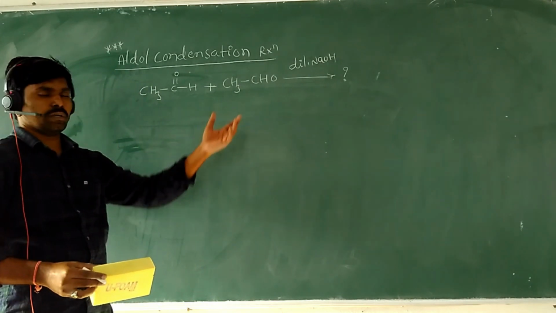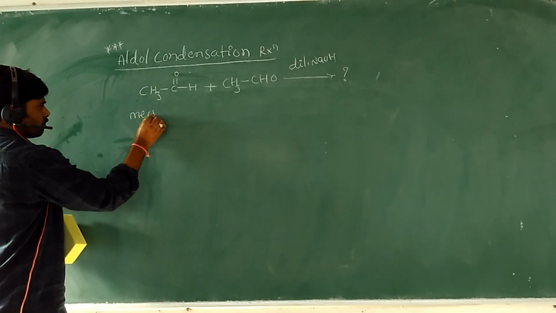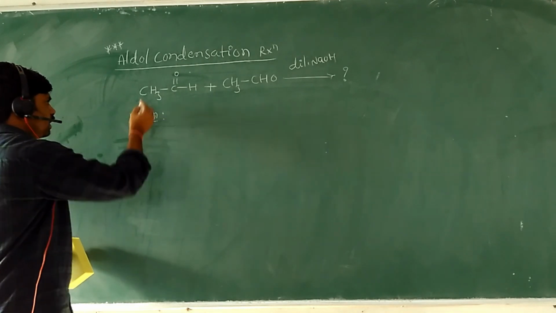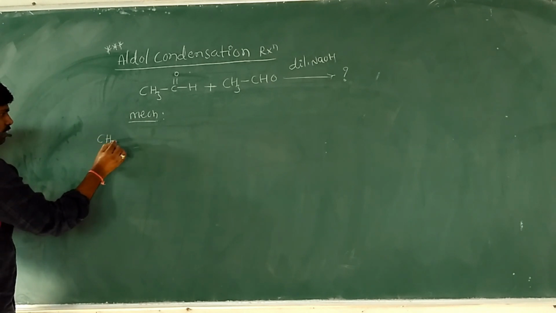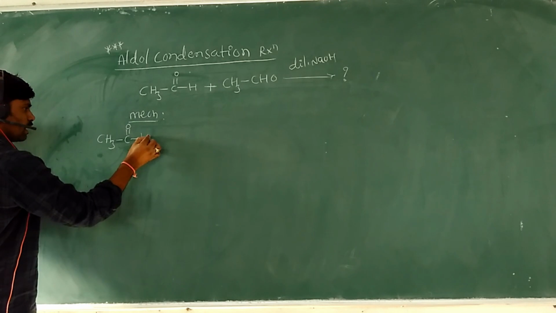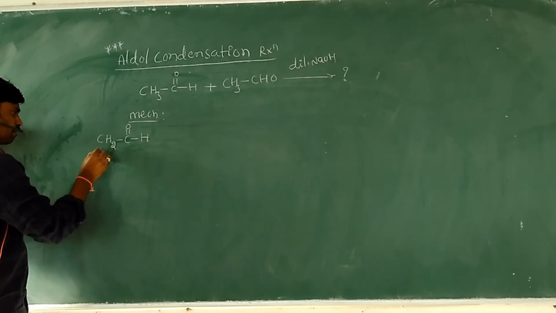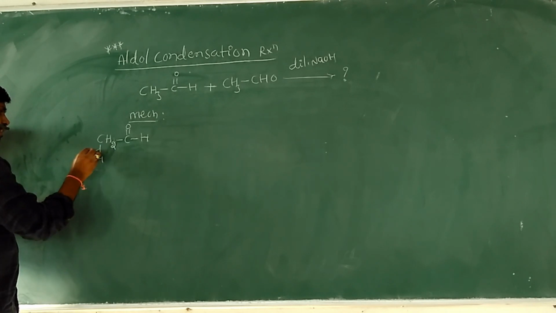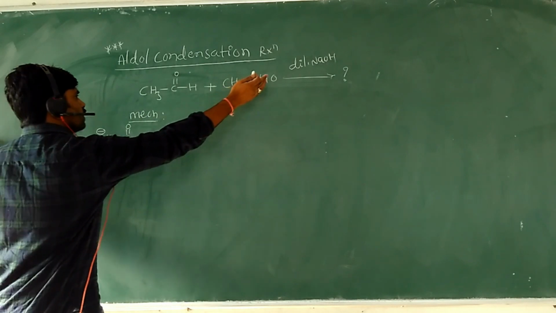And what is formed? I will write that after the mechanism. Look here. Now I go for the mechanism. First of all, this is CH3 C double bond O, the acetaldehyde. I write this hydrogen separately, like this. This electron shifts to here. In which condition?